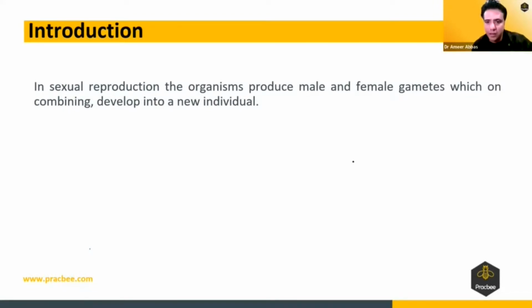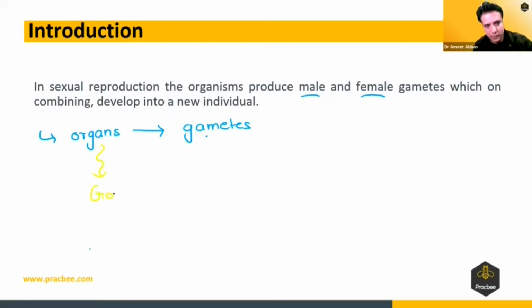Now, we said that these organisms produce male gametes as well as female gametes, and they must have some organs to produce these gametes. Yes or no? So the organs which produce these gametes are known as gonads.